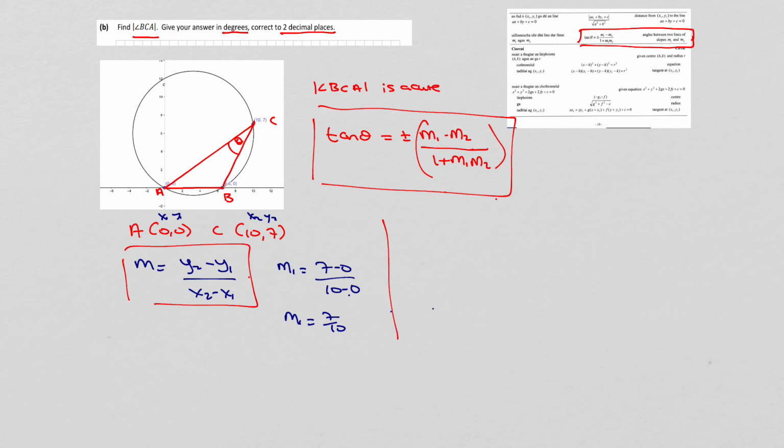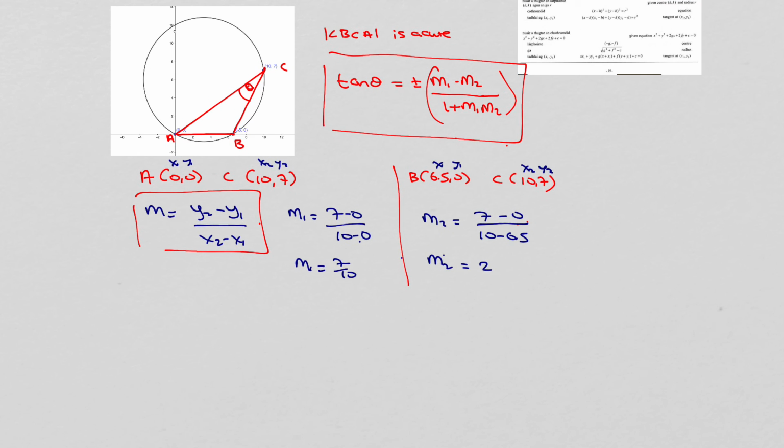And then if I do the same for BC, B is 6.5, 0 and C is 10, 7. I have x1, y1, x2, y2. So m2 is y2 minus y1 over x2 minus x1. And therefore m2 must be equal to 2. So now all I have to do is sub into my equation there. So we have tan theta is equal to plus or minus m1, 7 over 10, minus m2 over 1 plus m1 times m2.